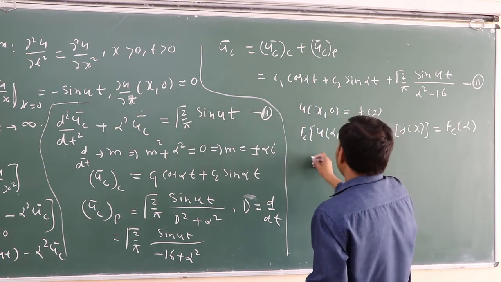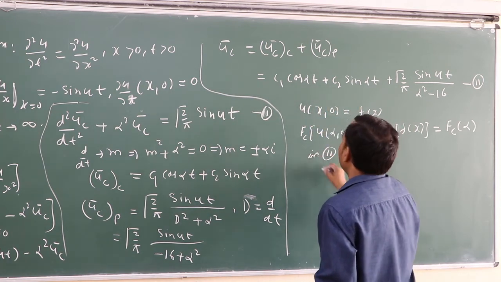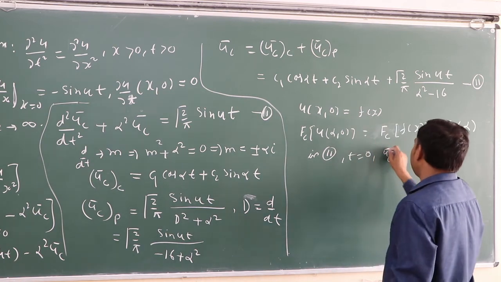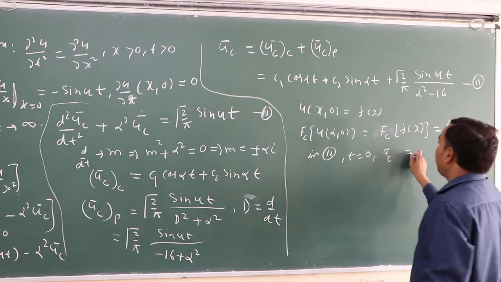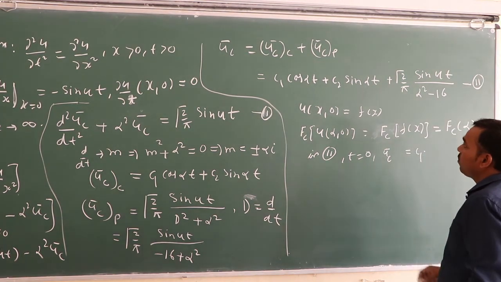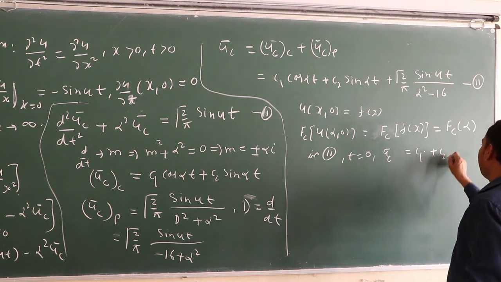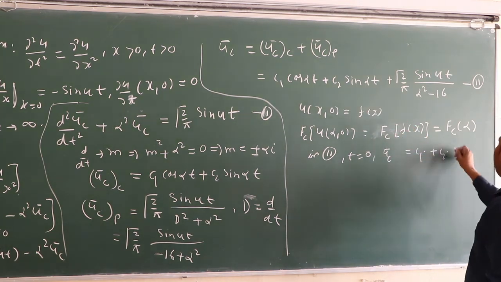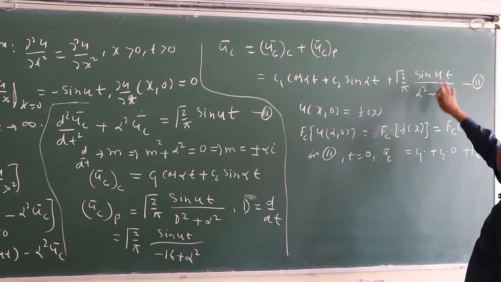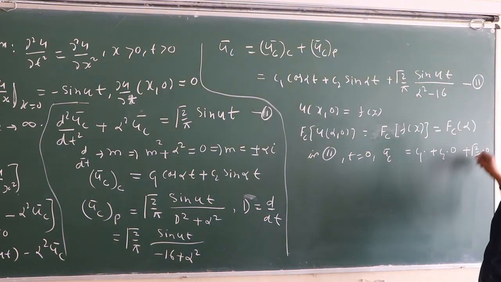Again, if we put t equal to 0 in 2, we get u_c bar equal to c1 cos 0, which is 1, plus c2 sin 0, which is 0, plus under root 2 upon pi times sin 0, which is 0.